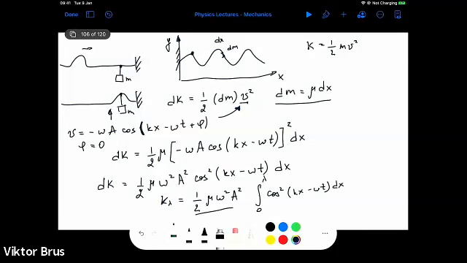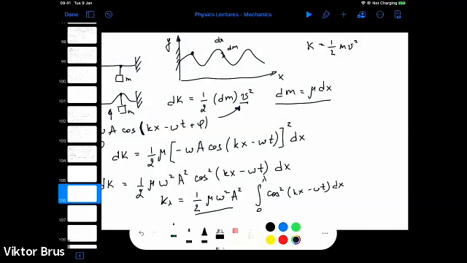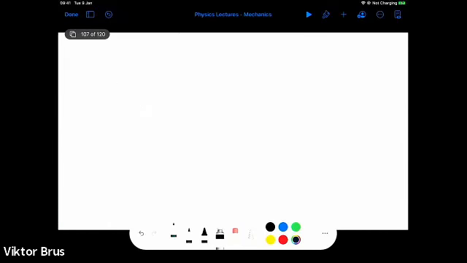Since these parameters are independent of x, they are not under the integral and are just considered constants. Okay, so we have this integral. Let us write it again on the next slide, and we will proceed with the solution.